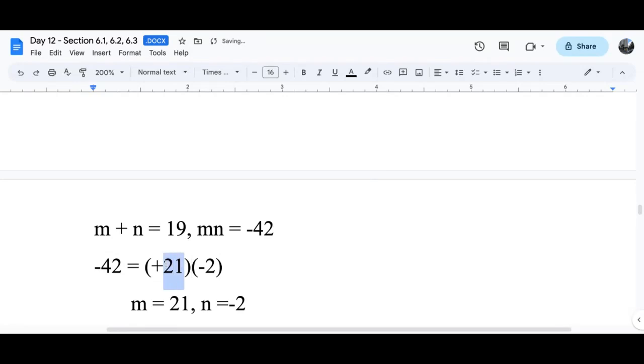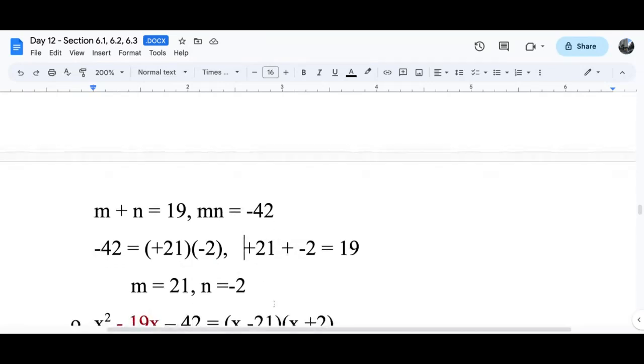We see positive 21 times negative 2, that's negative 42. And when we add positive 21 and negative 2, that's indeed 19. So M is 21, N is negative 2.